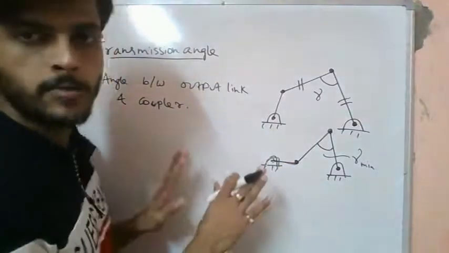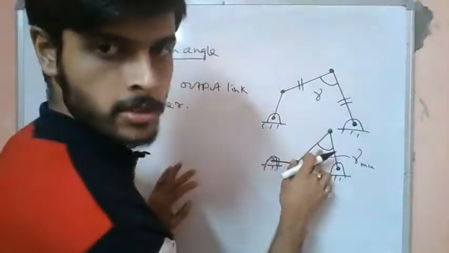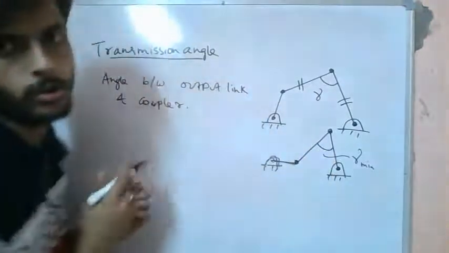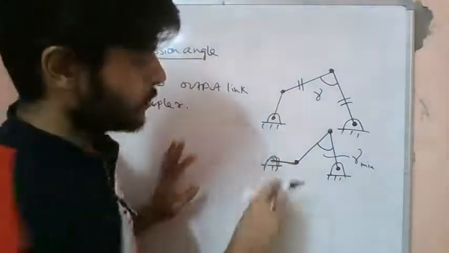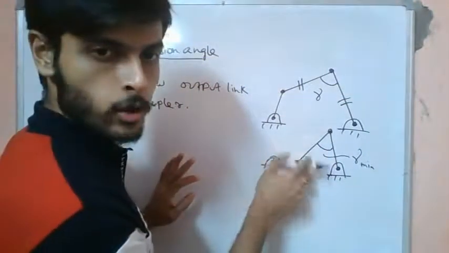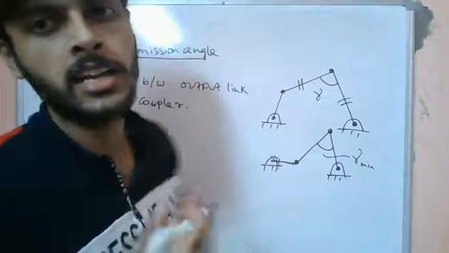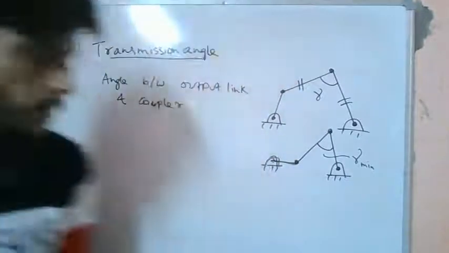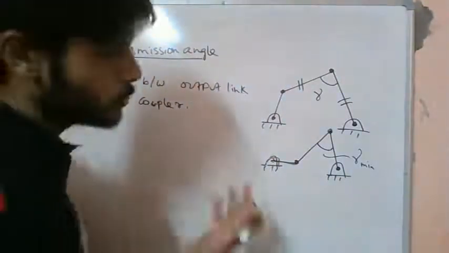In that case, the definition of the transmission angle remains the same, but the extremities have to be found out. For a Grashof chain, when the crank becomes horizontal like this or like this, the transmission angle will attain its maximum or minimum. For a non-Grashof chain, we have to look for the extremities.